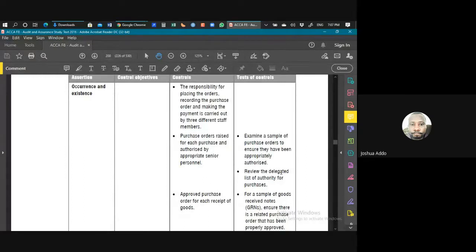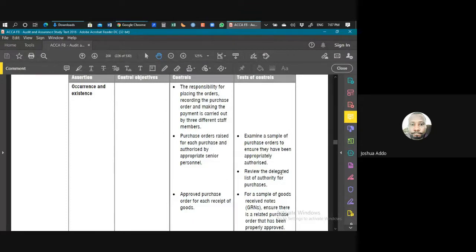Another control that can be set up to make sure that there is security around our purchases is that purchase orders are raised. We have to make sure that purchase orders are raised for each purchase that we make.